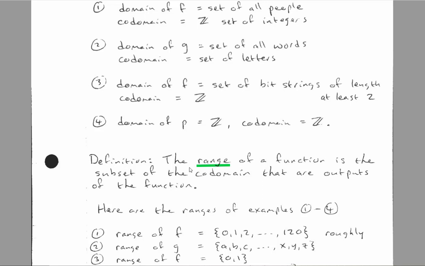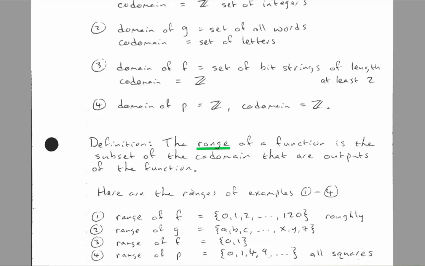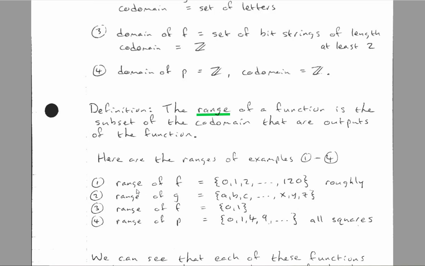The range of a function is the subset of the codomain that are outputs of the function. So the range is just telling you what the outputs look like. It's going to be some subset of the codomain.